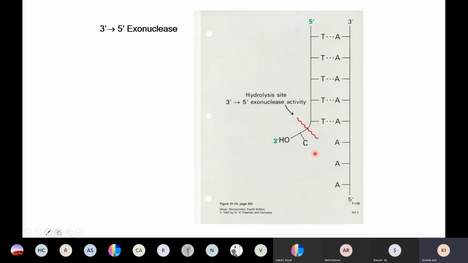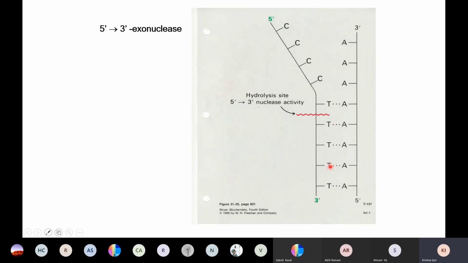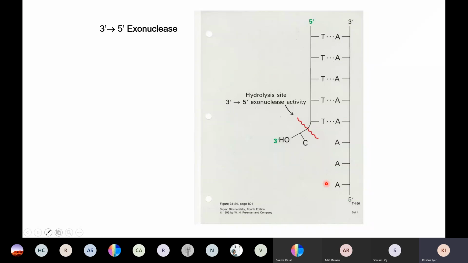For example, if it sees an A-C by mistake when it is ready to add the next base pair, which is T, it says, "This is not right," then it stops, goes back, removes the C, adds the correct T, and then continues. This going back, correcting, and then continuing is referred to as the proofreading capacity, also called 3' to 5' exonuclease activity.